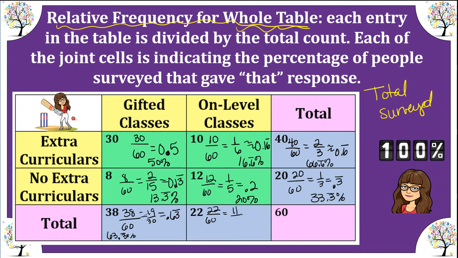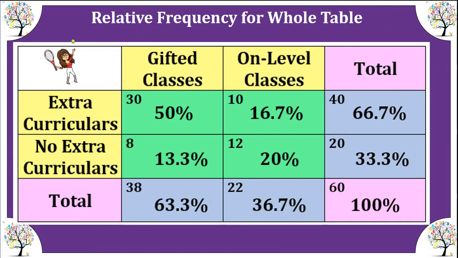And that's going to give us 11 out of 30. We have 0.36 repeating, which will be 36.6% repeating. Then we're going to have our 100% of total. So this represents relative frequency for the whole table, where you are dividing every entry by the total number we surveyed. And here is our result.